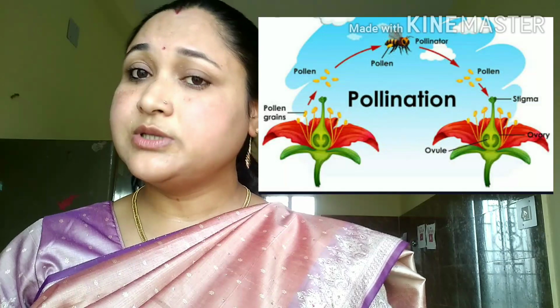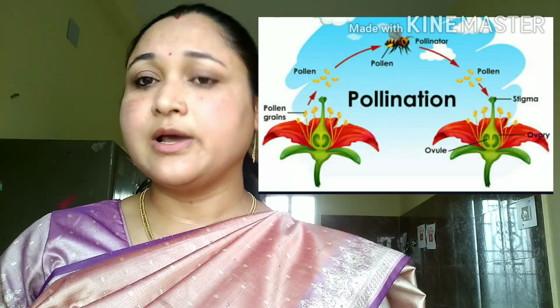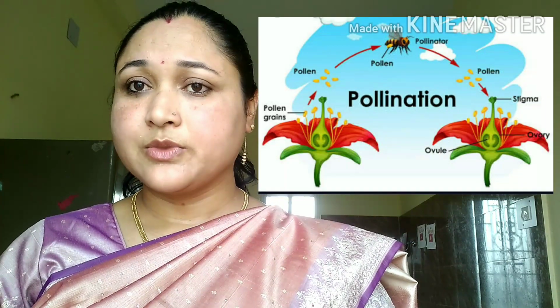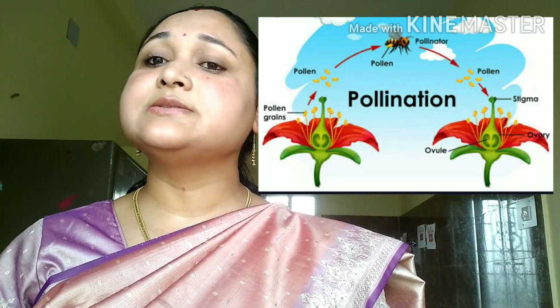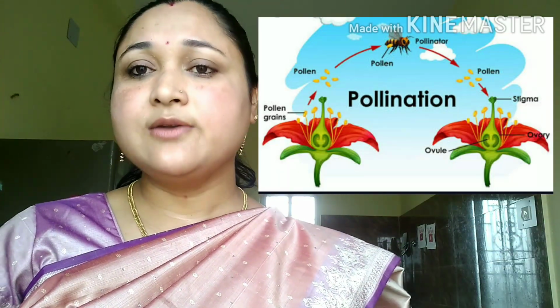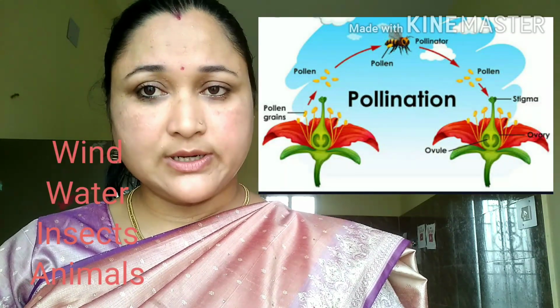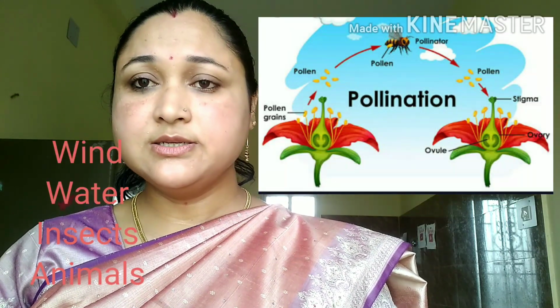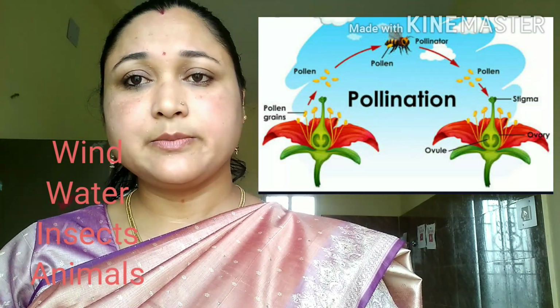So how do the pollen grains get transferred from one flower to the other flower? So an agent does this work. Agent is the transporter of the pollen grains from one flower to the other flower. So the agents of pollination are wind, water, insects and animals.